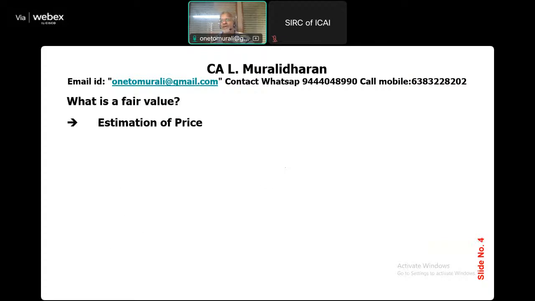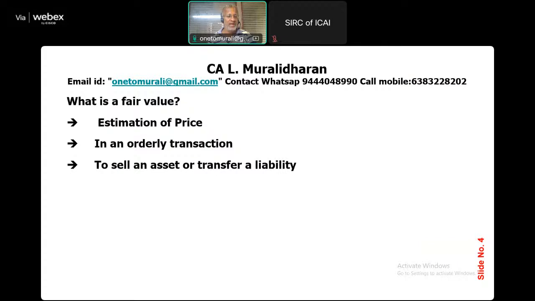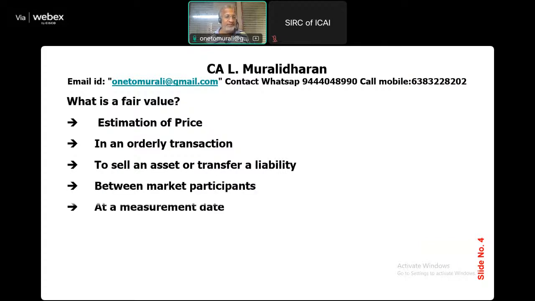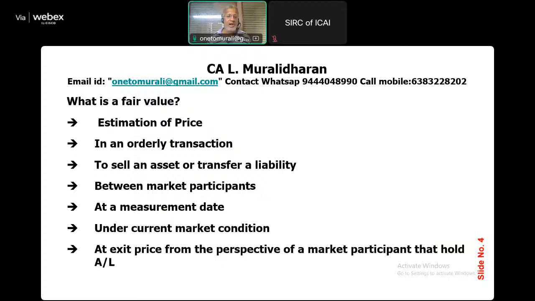What is fair value? Fair value is only an estimation of price in an orderly transaction, to sell an asset or transfer a liability between market participants at a measurement date under current market conditions, at exit price, from the perspective of a market participant that holds the asset or liability. There are 7 items, and all 7 are very important. Firstly, it is an estimation of price, so it is not an actual price. It is only an estimation.